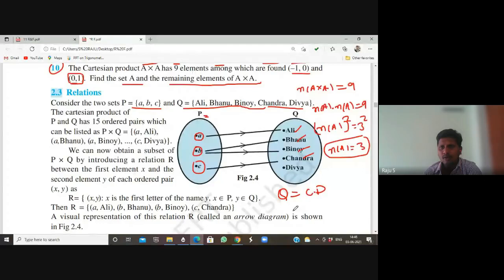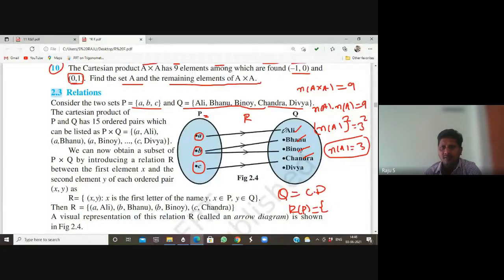How to write it? If I take the relation, for example, capital R, R of P means the set of all images, which gives the range. So what are the images? A's image is Ali. B's image is Banu as well as Binoy.